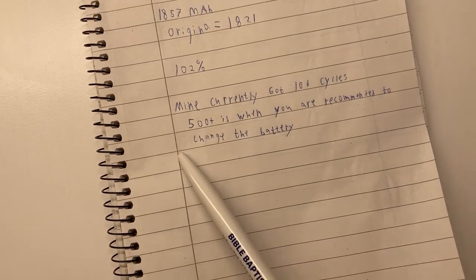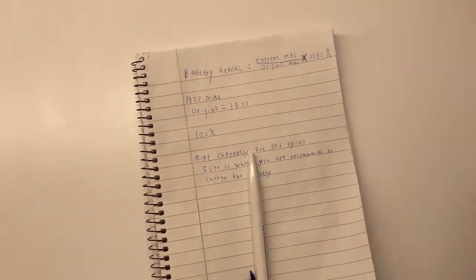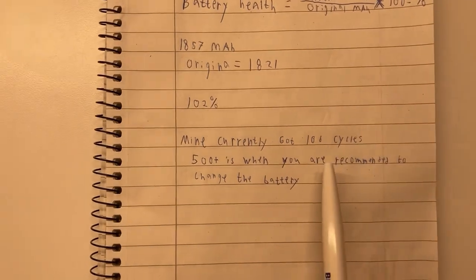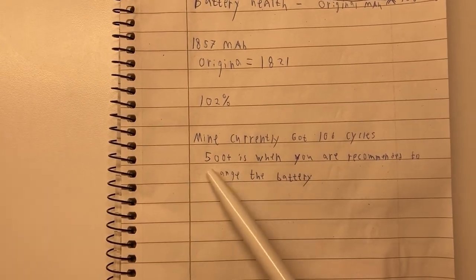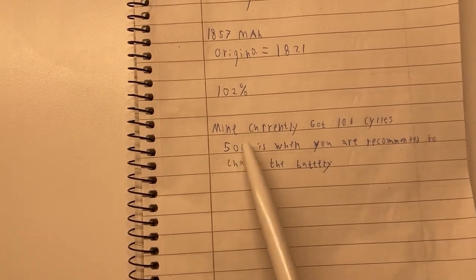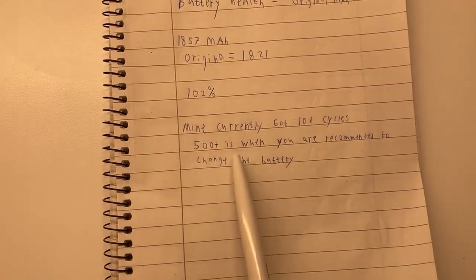And then it also showed the cycles. So the cycles said 106, and the recommended is to get maximum of 500 before you change the battery. At 500 the battery usually gets bad.